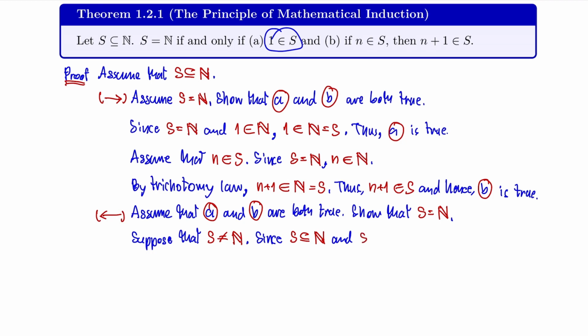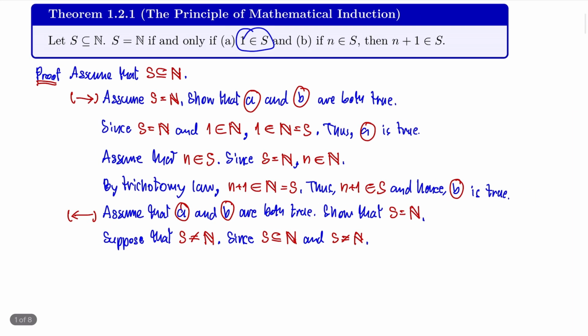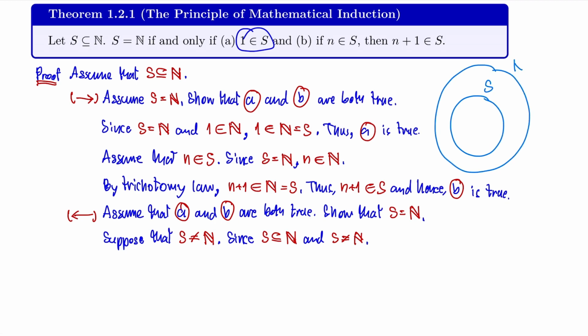And S is not equal to set N. Okay, this means that set S is smaller than set N, right? The picture might look like this: set N and a set S, and S is pretty much smaller. Okay, it's smaller.